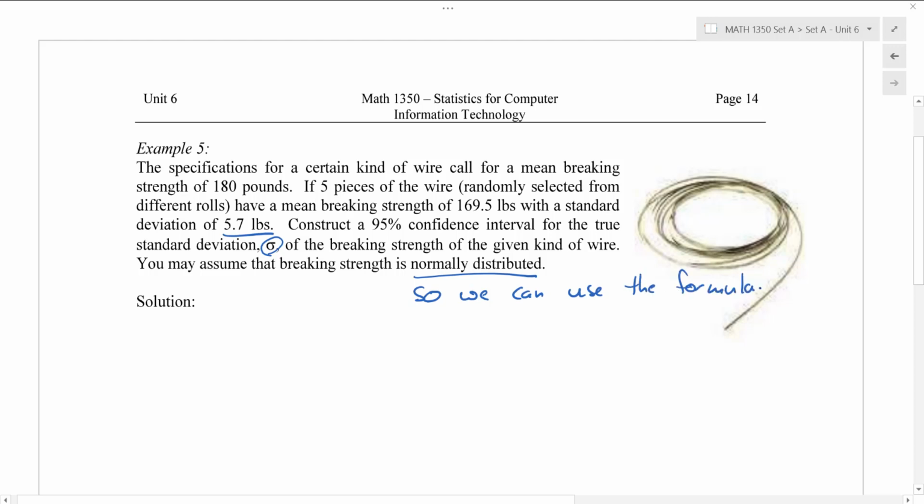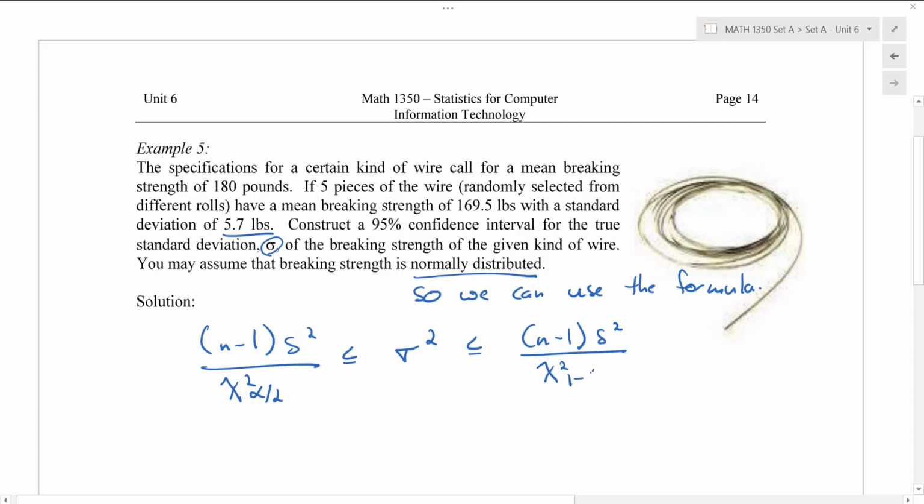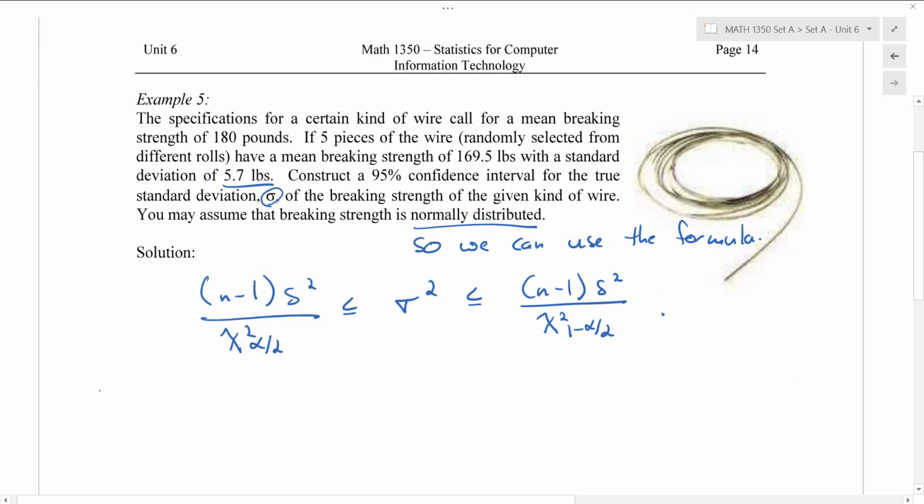Okay, let's get to applying this. Let's rewrite our interval formula from the previous page here. And we will need a couple of things. So we are finding a 95% confidence interval.